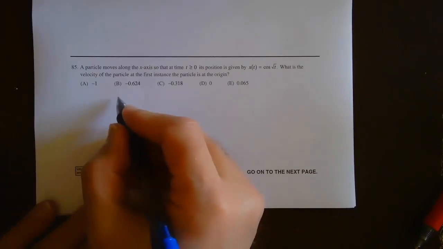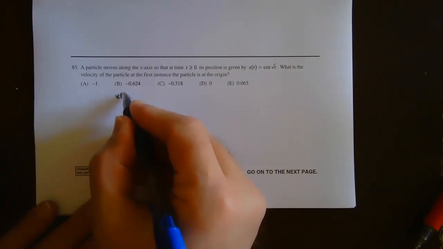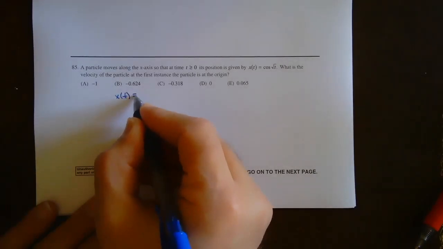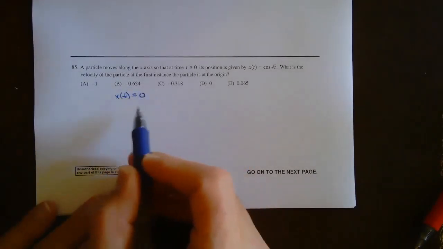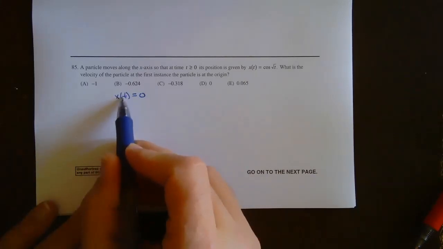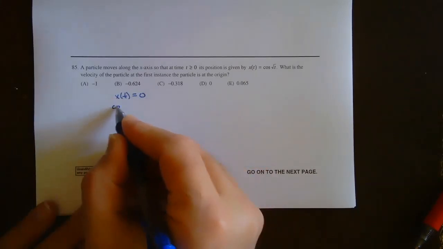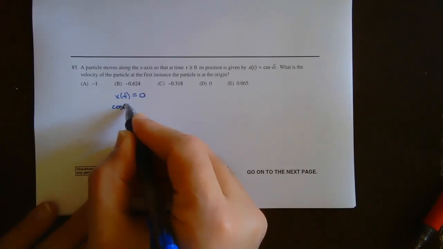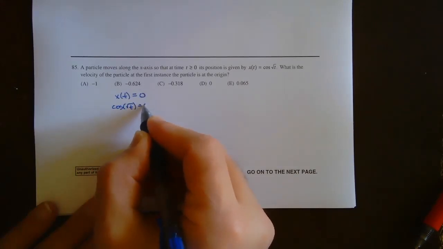So you'd have to write x of t, and we're going to figure out where that equals 0, right? We solved this equation, so you got to write an equation that we're going to have to solve, okay? Now, instead of x of t, you could put cosine of the square root of t equals 0, right?